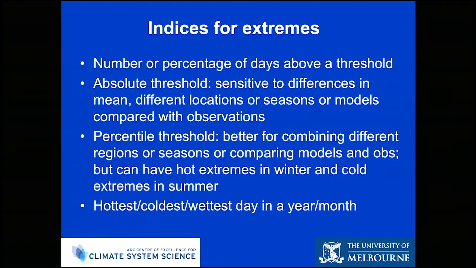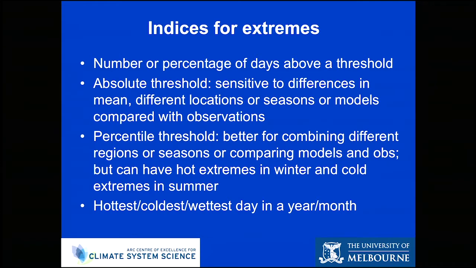For instance, if you've got an absolute threshold and you want to compare it between models and observations, if it's a rainfall threshold, models tend to have lower rainfall extremes because they're representing area average rainfall compared with single stations or even gridded regions.